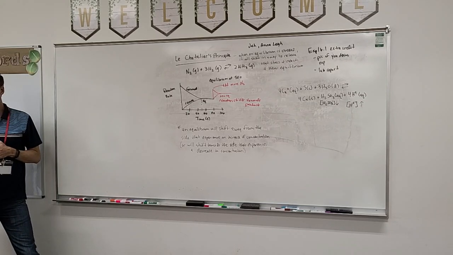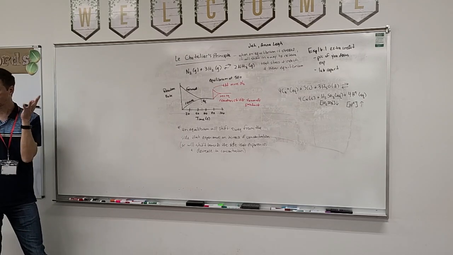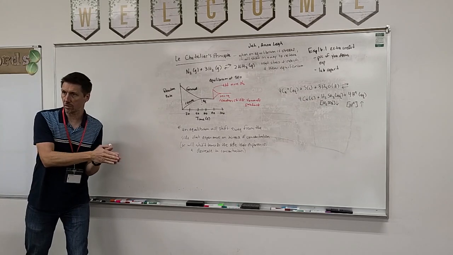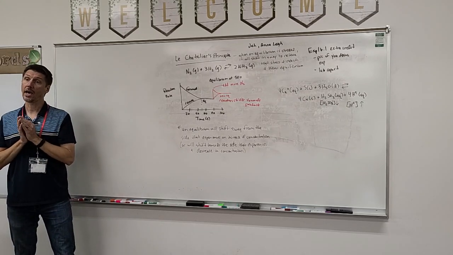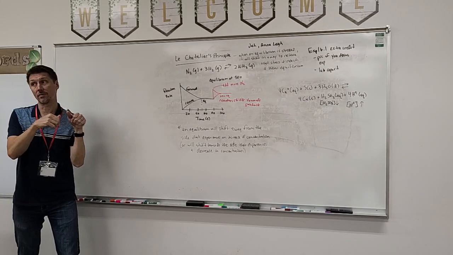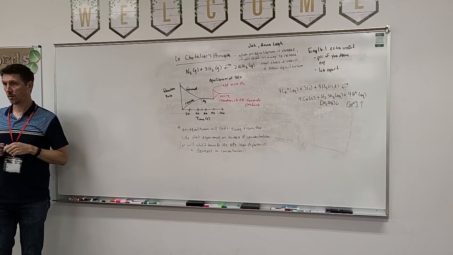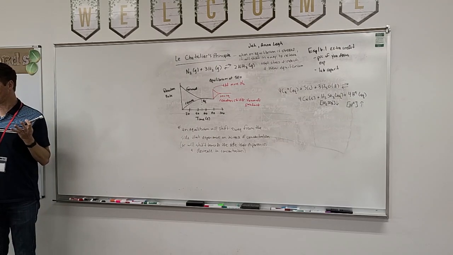That's the simple way to think about it. Had it increased on the product side, it would have had to shift away from the products to the reactants. So it shifts away from where the increase is, it shifts towards where the decrease is. That's really all you have to remember.